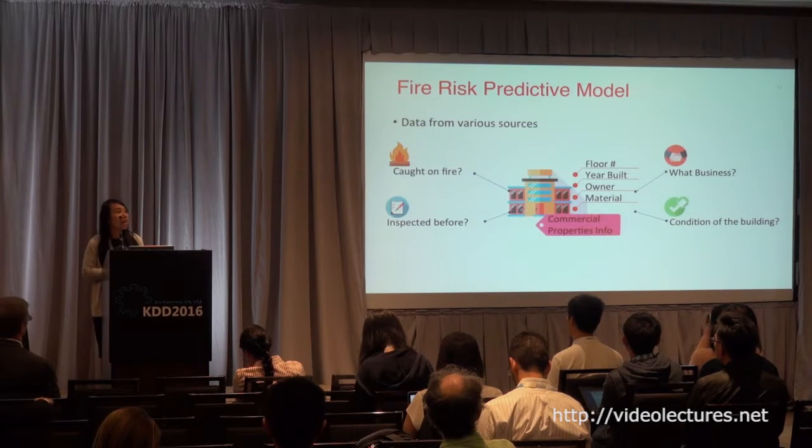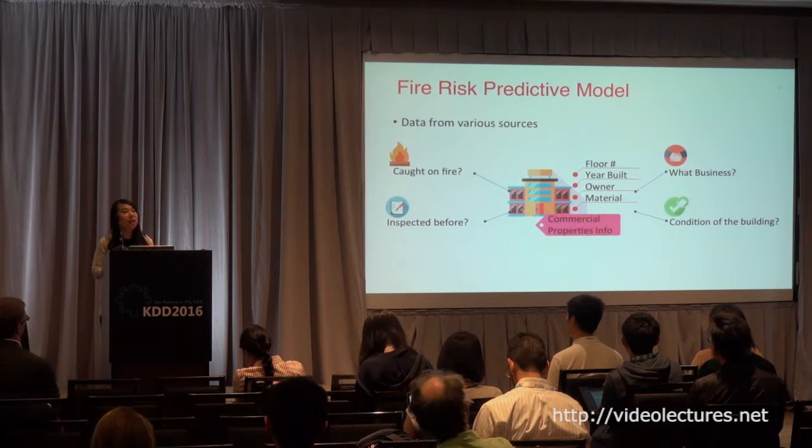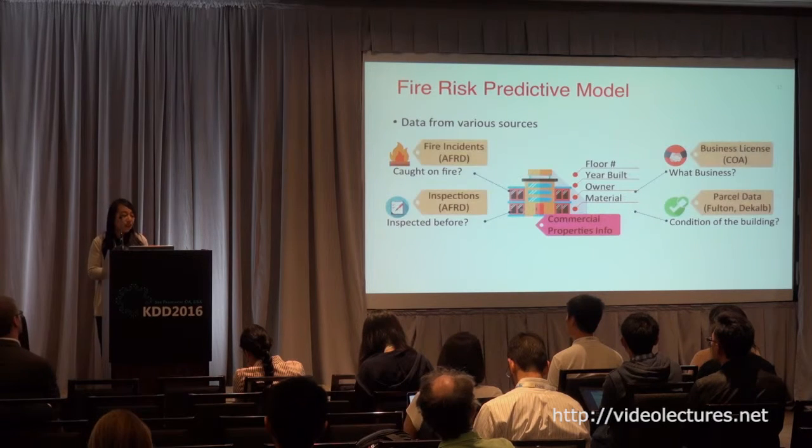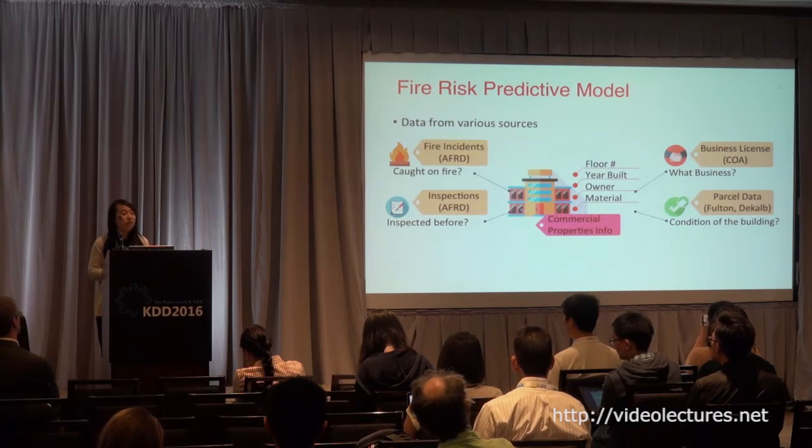In addition to that, we also need further information on the properties, such as whether the property has caught fire, what business is inside the property, whether the property has been inspected before, and what the typical condition of the property is. Fortunately, we obtained all those data sources from different departments all over the city of Atlanta.